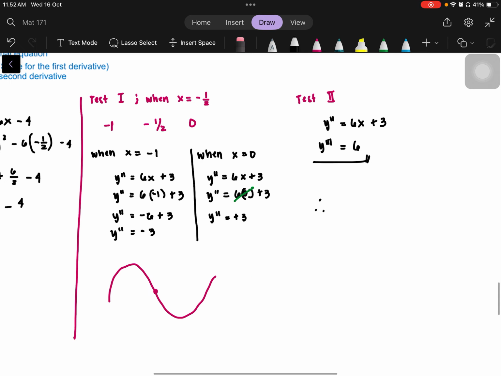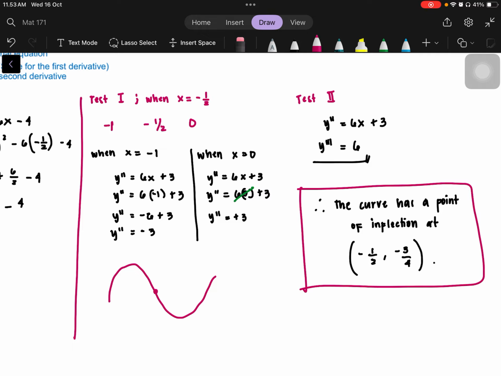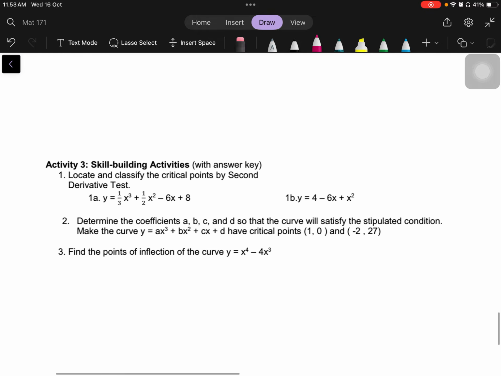So, hindi siya nag-0, so ibig sabihin, pwede. So, therefore, we can now conclude that the curve has a point of inflection at negative 1/2, negative 3/4. And that is now your final answer.